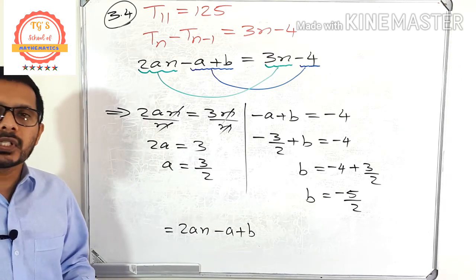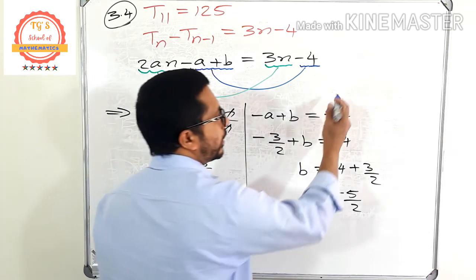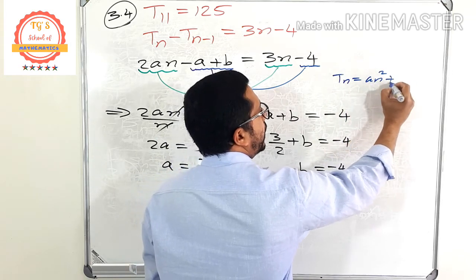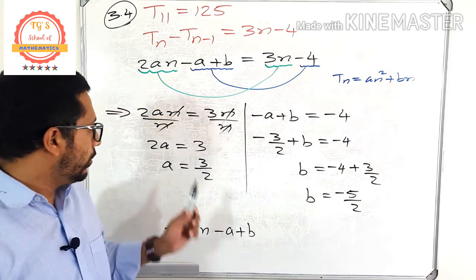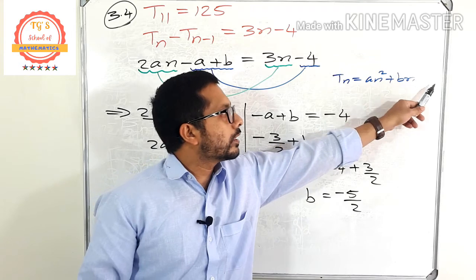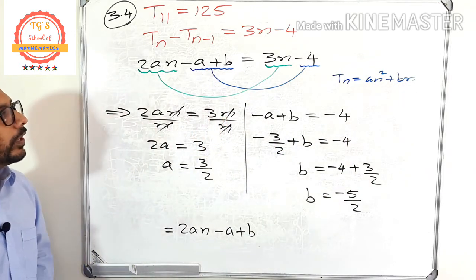So what is outstanding now? You know the general expression for a quadratic sequence: Tn is equal to an squared plus bn plus c. Now we got the value for a and the value for b also. So what is outstanding? It's c. How can we find the value of c?